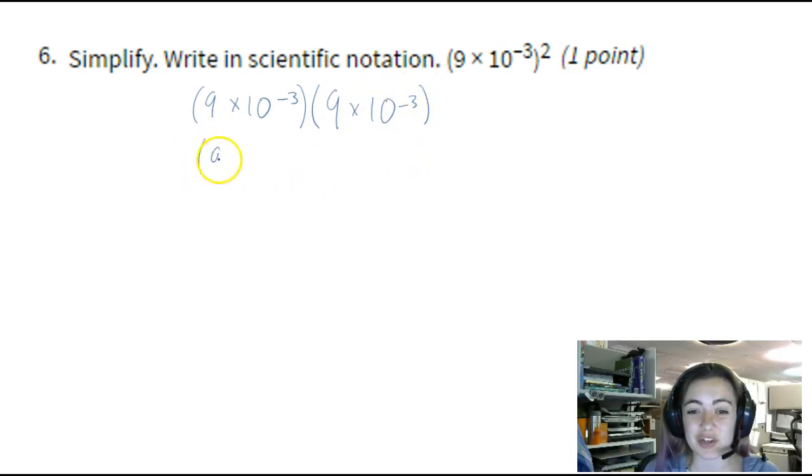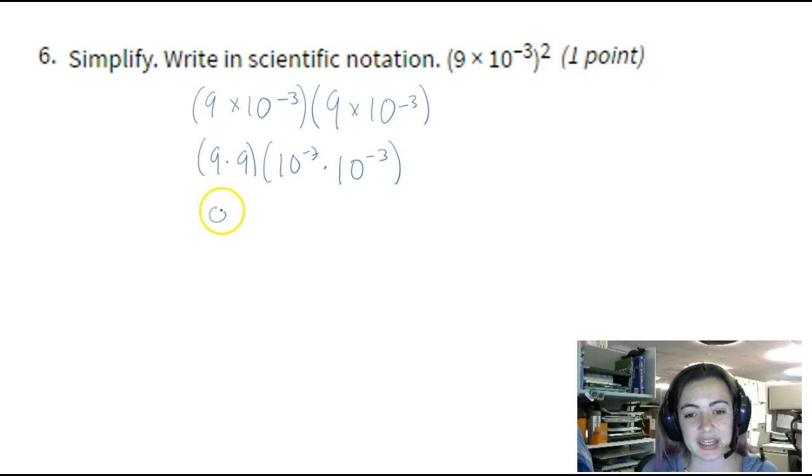Again, you can think of the associative properties, so 9 times 9 and 10 to the negative 3 times 10 to the negative 3. So 9 times 9 is 81. 10 to the negative 3 times 10 to the negative 3 is 10 to the negative 6. So we have 81 times 10 to the negative 6.